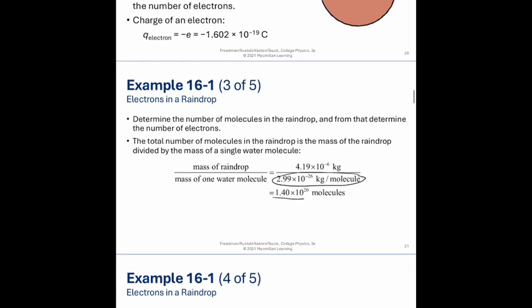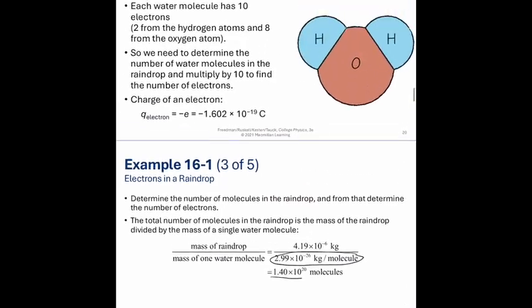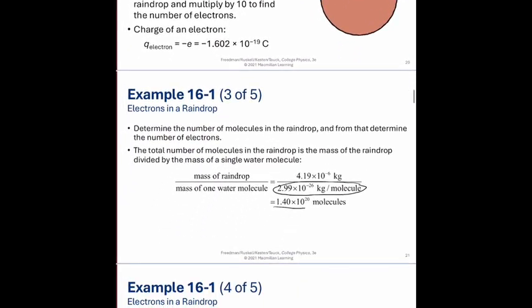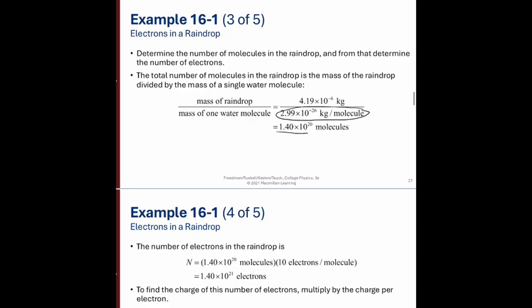So now that we know there's that many molecules, how many electrons are in one molecule of water? Scroll back up, we figured that out. 1, 2, plus 8, that's 10. There's 10 electrons. So that means there's 10 times 1.4 times 10 to the 20 electrons in the raindrop.